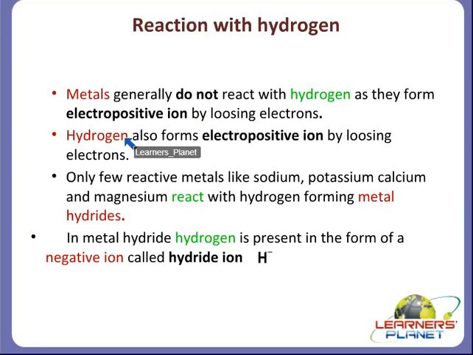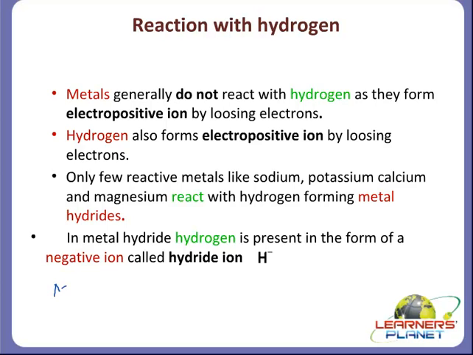Read the other point, that is, hydrogen also forms electropositive ion by losing electrons. Both metals like sodium, potassium, magnesium, other metals, they are losing electrons, right? That is a typical characteristic of a metal.